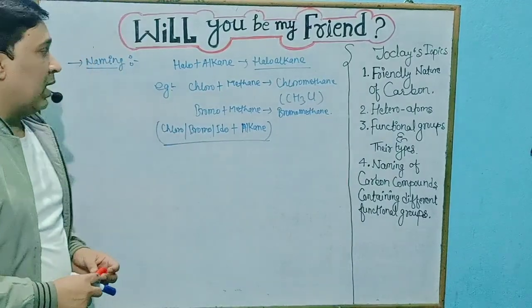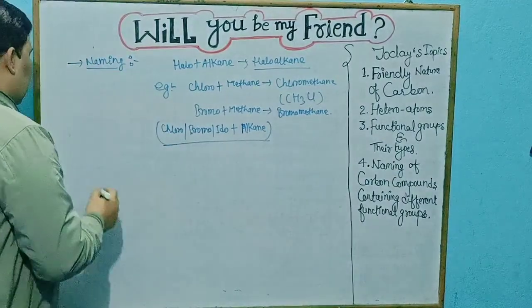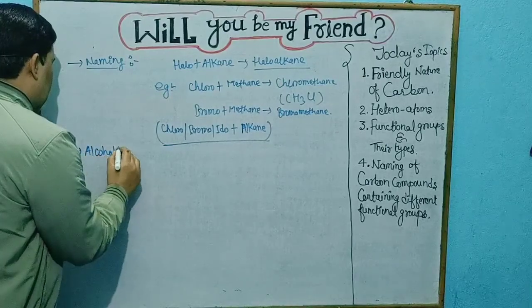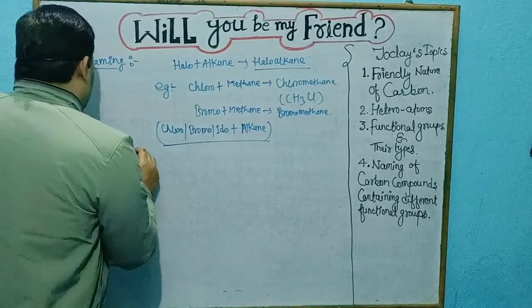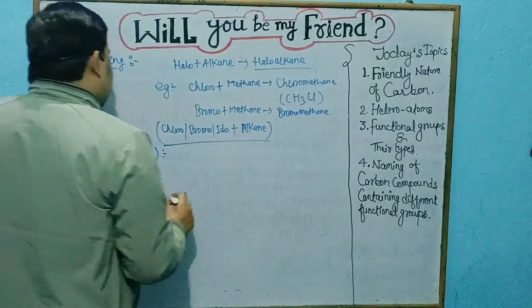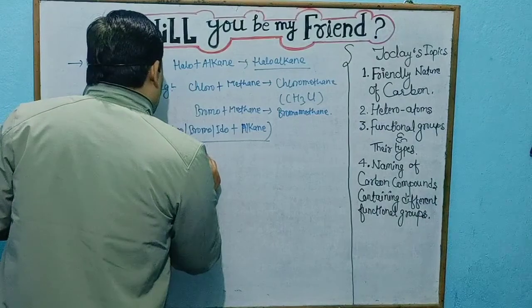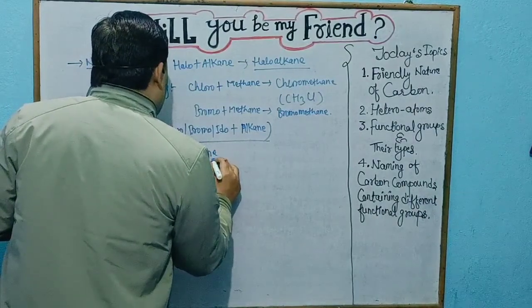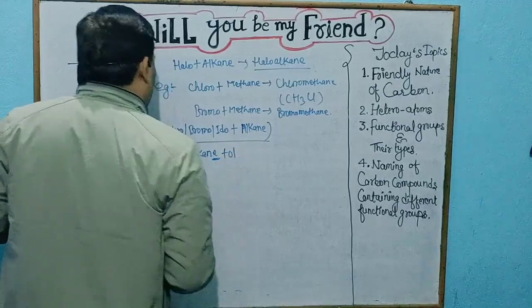Now, the second group is the alcoholic group, that is, alcohols. The functional group is OH. It is named by replacing the E of alkane and adding OL to it.